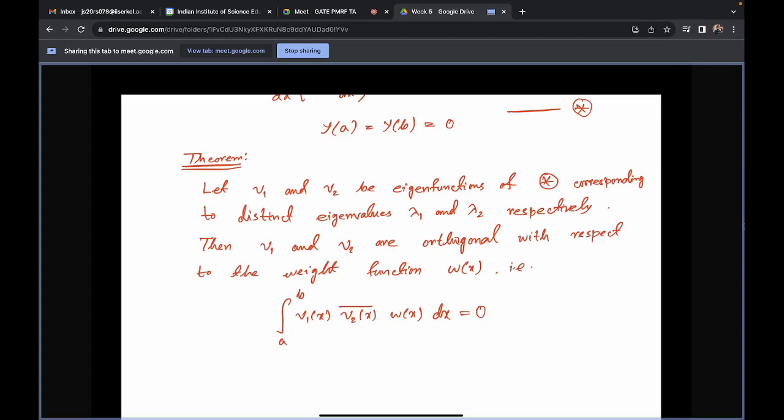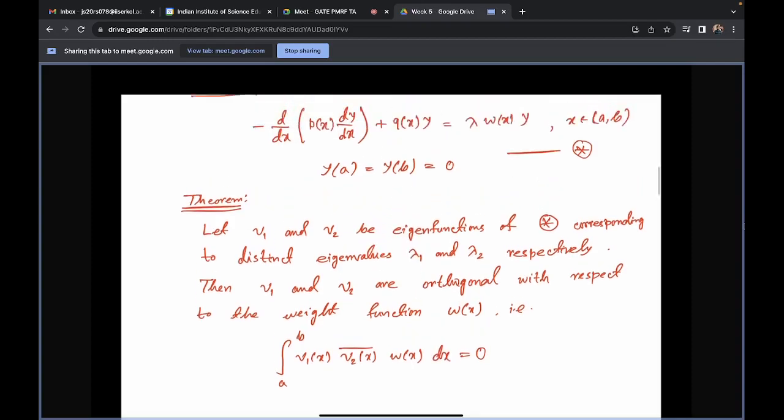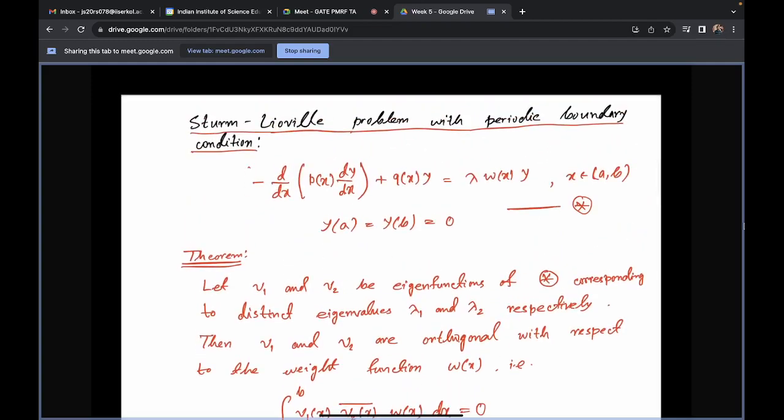So basically the eigenfunctions corresponding to two different eigenvalues are orthogonal with respect to the weight w, if the Sturm-Liouville problem is written in this form.